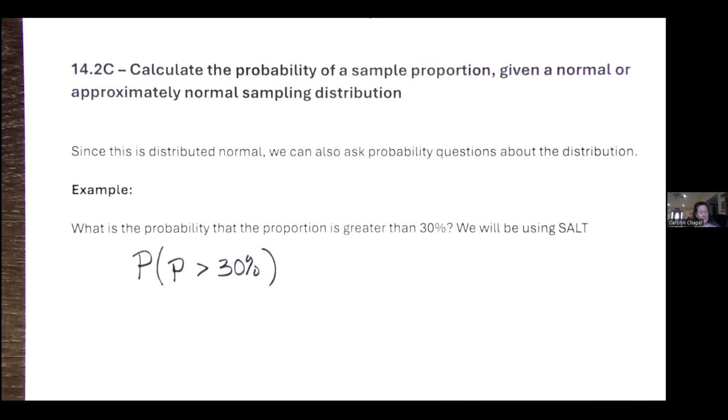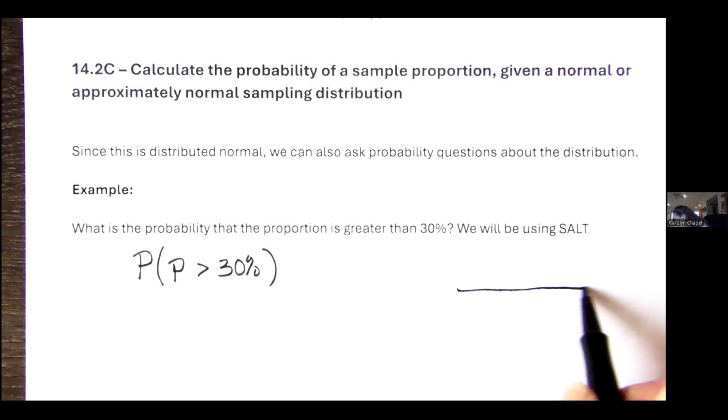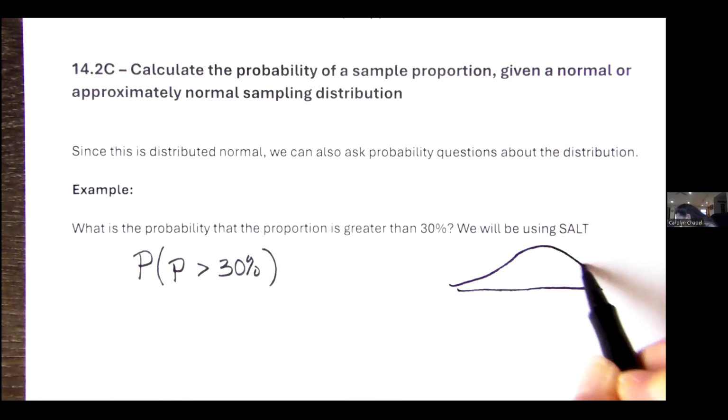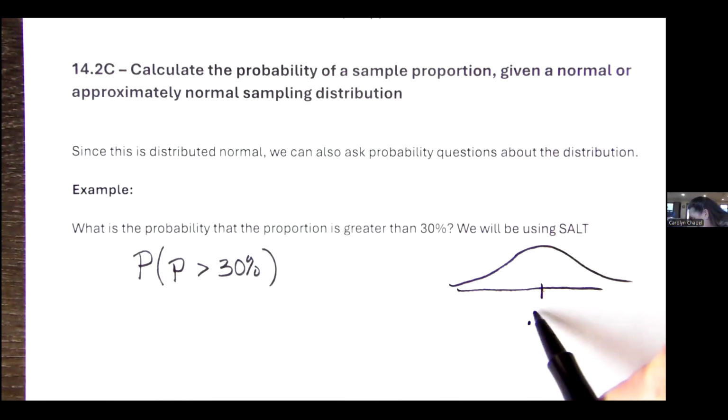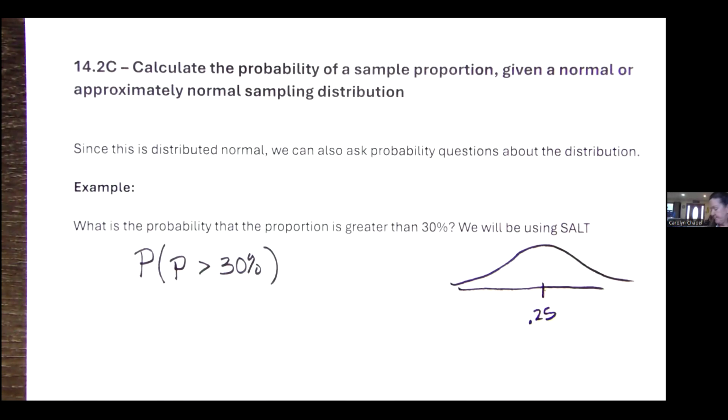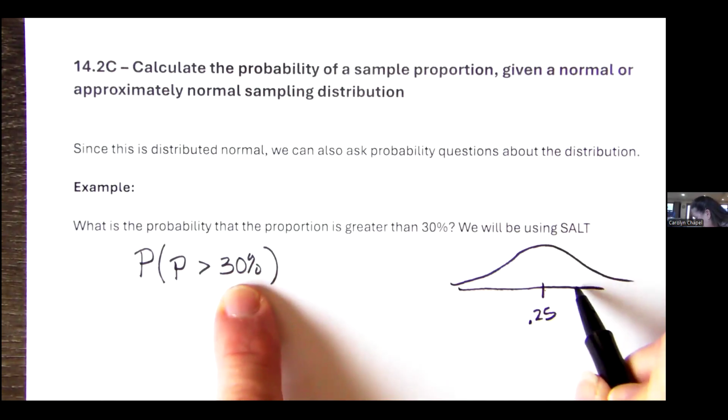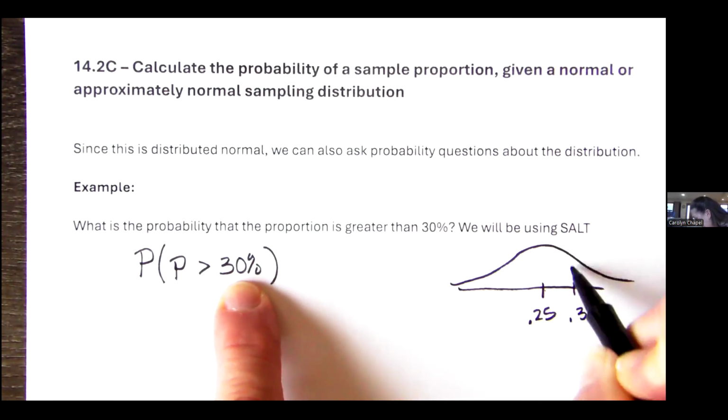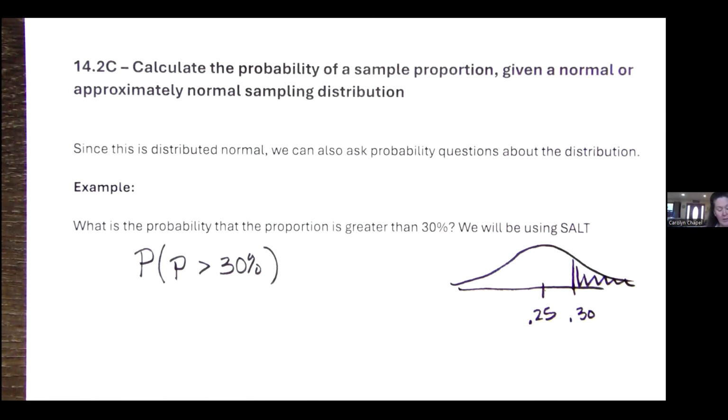So remembering it is now considered to be normal. So I do have a normal curve. And my mean is 0.25. And I want to know bigger than 30, so 0.30 and going bigger. And from before, just so I have it here on the page, the standard error, so that sigma of my p is 0.035.